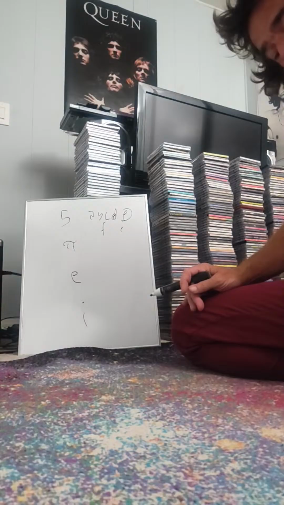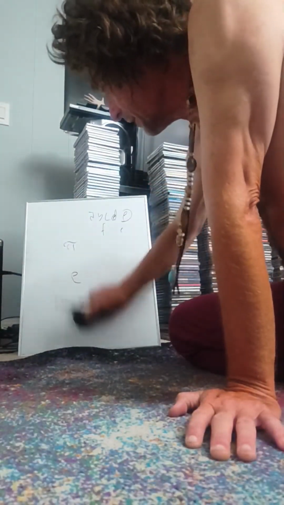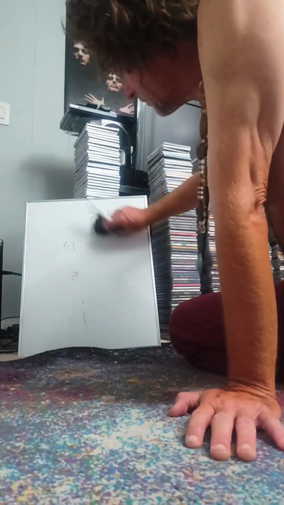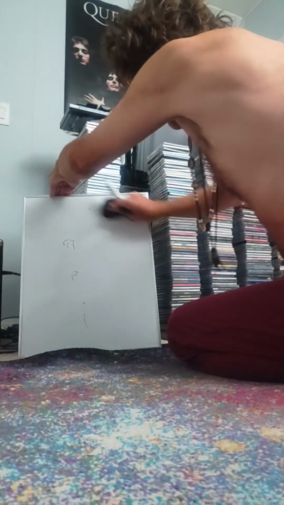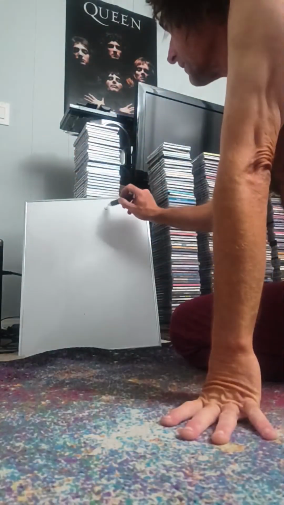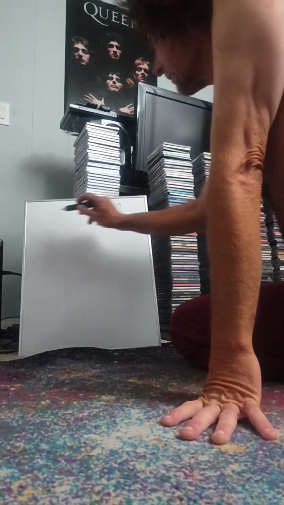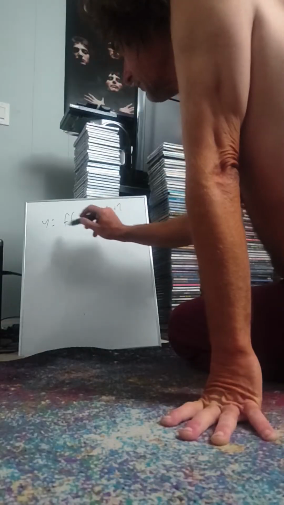But then there's also variables. A variable is not a fixed value. It can be anything you say it is at the time, not necessarily one thing all the time. And in that, we usually use letters at the end of the alphabet, x, y, z, like y equals f of x. Well, obviously y is not a number.